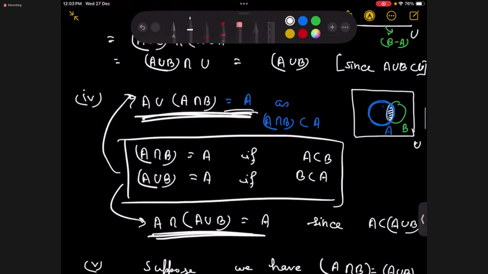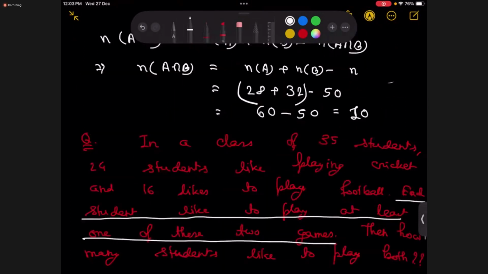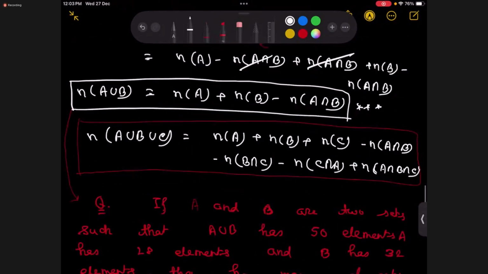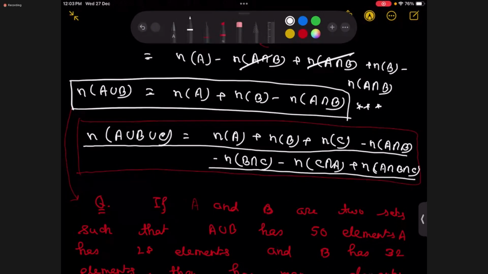Now we are left with the inclusion-exclusion principle for the cardinality of A union B union C. In the next class, we will prove this statement first, and after that we will see a few examples of both statements, the formula for A union B and the formula for A union B union C. So we will stop here today.